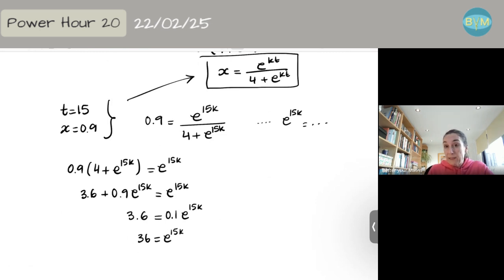And once I have e to the power of something equal to something else, I can take logs, yeah?